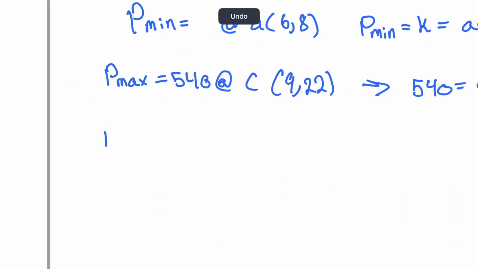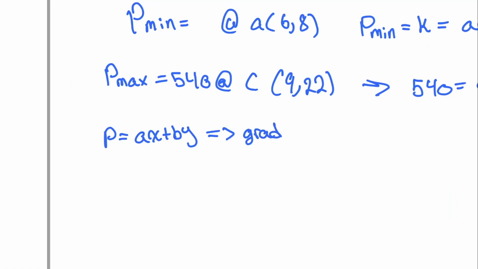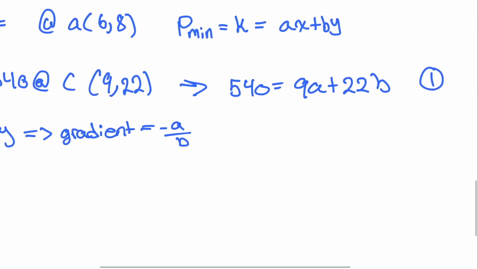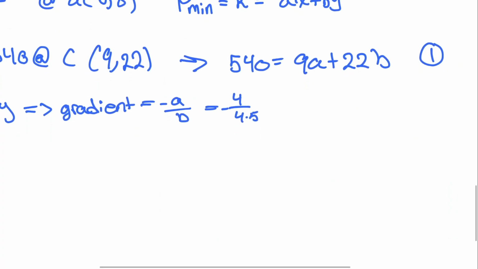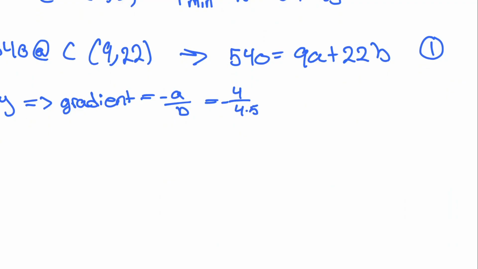Since we know the objective line is AX plus BY, the gradient is equal to negative A over B, which is also negative 4 over 4.5. We can cross multiply this out, and when we simplify it, we get 9A is equal to 8B.